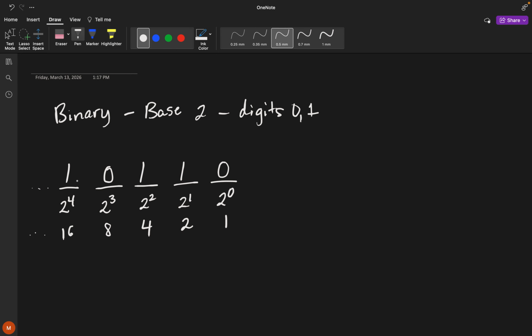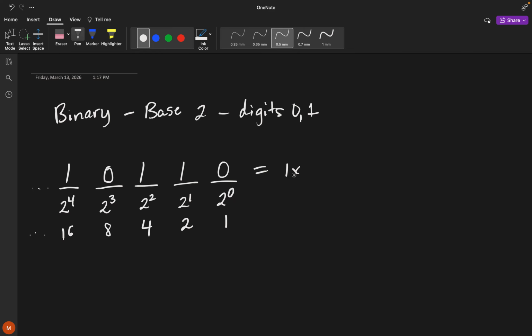So we would just say 10110. And now we're going to expand this value just like we did for base 10 earlier, based on the place values, which are different now, but the process is the same. We're going to take the digit that's in this place and multiply it by the value of that place. So 2 to the 4th, or 16.